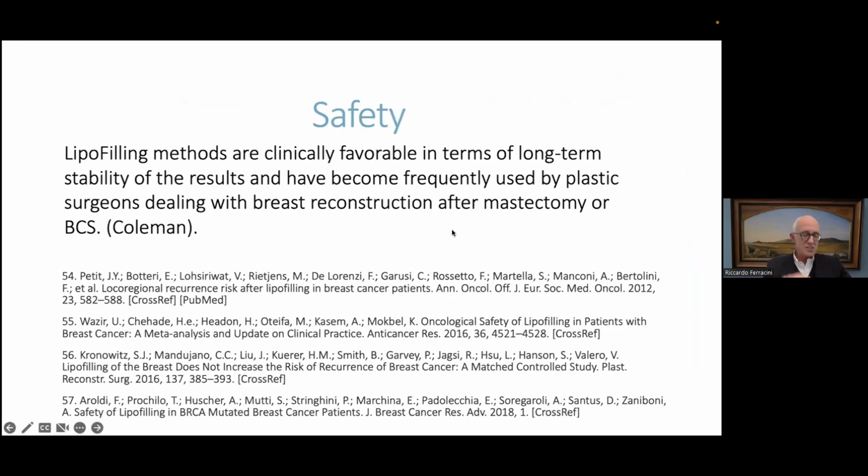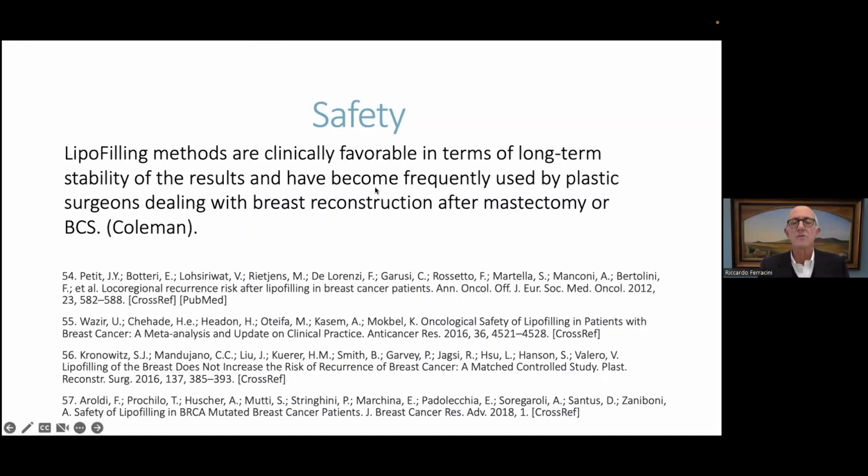Then patients ask you, but is it safe to do such a procedure, because it might stimulate tumor cells to grow, or they might themselves become tumor cells, okay?